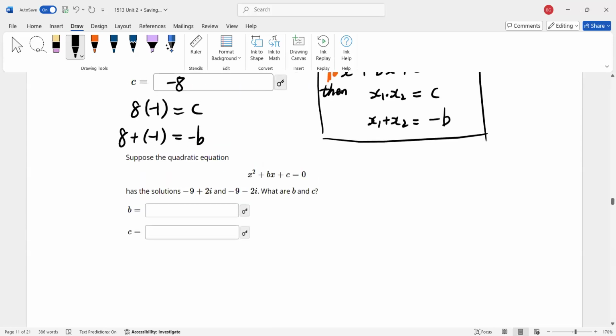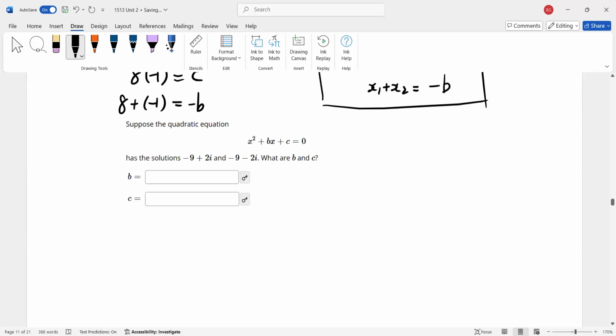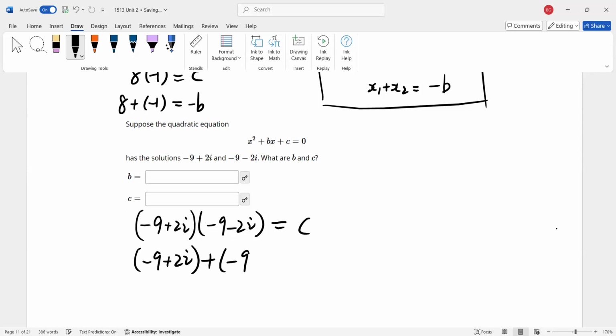Let's do this one. Same idea, same as earlier. The two solutions, -9 plus 2i, -9 minus 2i. As you can see, they are conjugates, right? They must multiply to C and add up to -b.